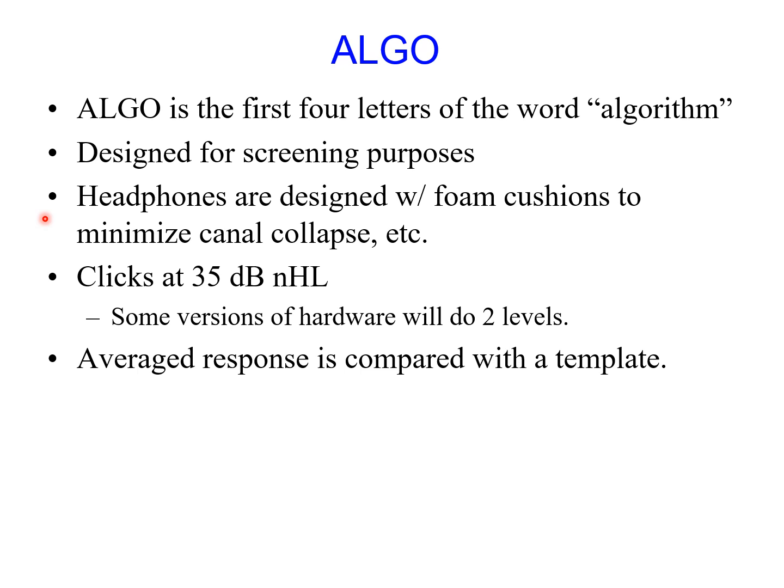When you are purchasing ALGO hearing screening systems, they usually will come with specific cups with foam cushions to minimize collapse of the external ear canal. Because when you are doing hearing screening, you don't want to do anything that would collapse the external ear canal.